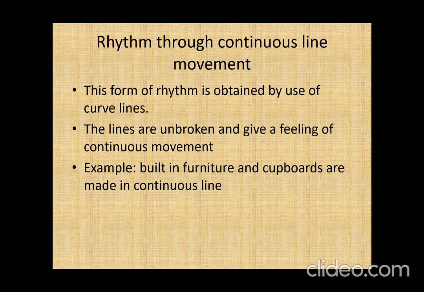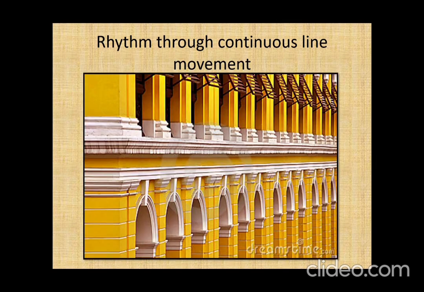For example, since we are dealing with interior decoration as well as family resource management, all the examples we are quoting are furniture or interior decoration objects. For example, you can see that a furniture piece or a cupboard is made up of a continuous line only. There is no broken line.